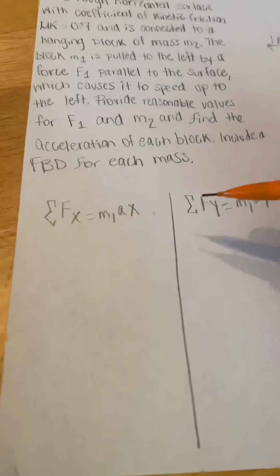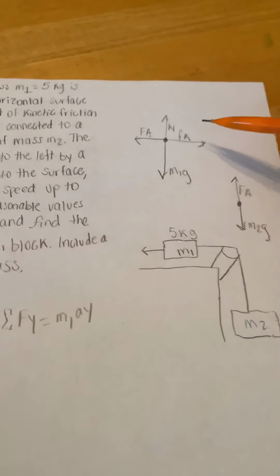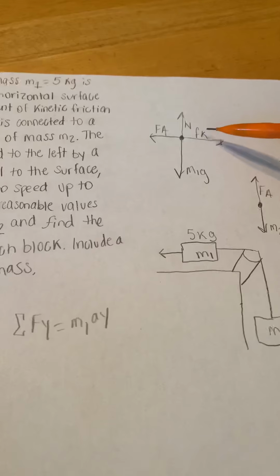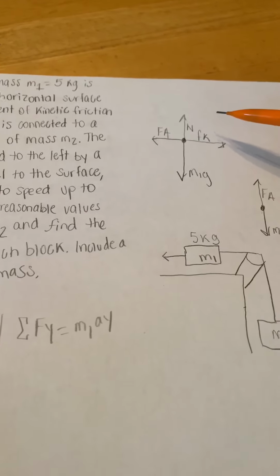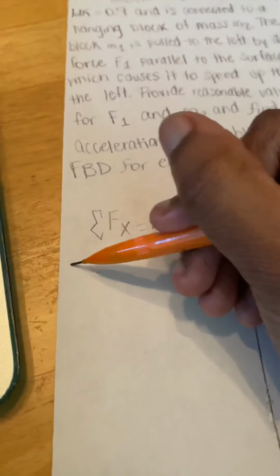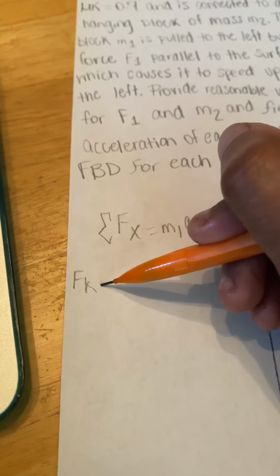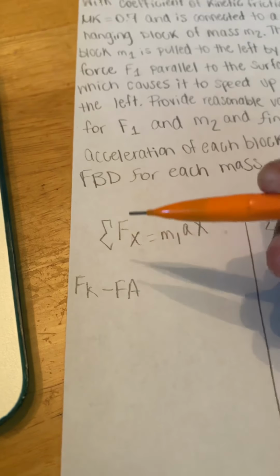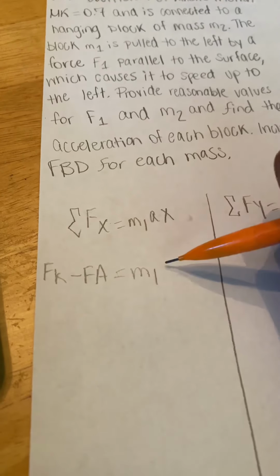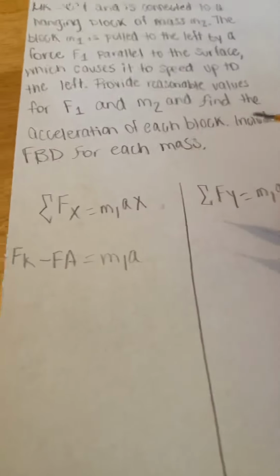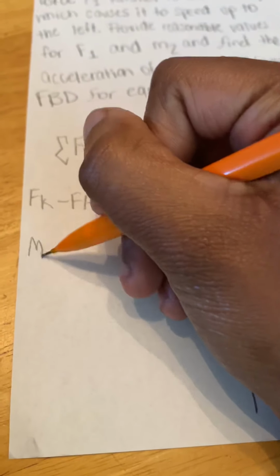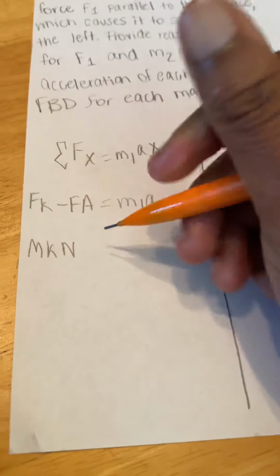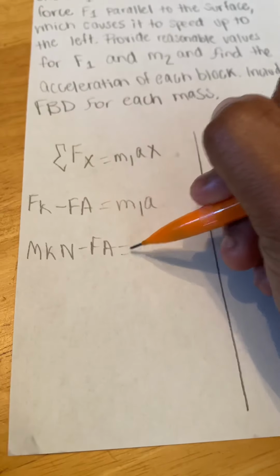So looking on the x side, since Fk is going to the right and your applied force is going to the left, your Fk will be positive, your applied force will be negative, and that equals M1a. And so the definition for kinetic friction is mu_k N, minus Fa equals M1a.